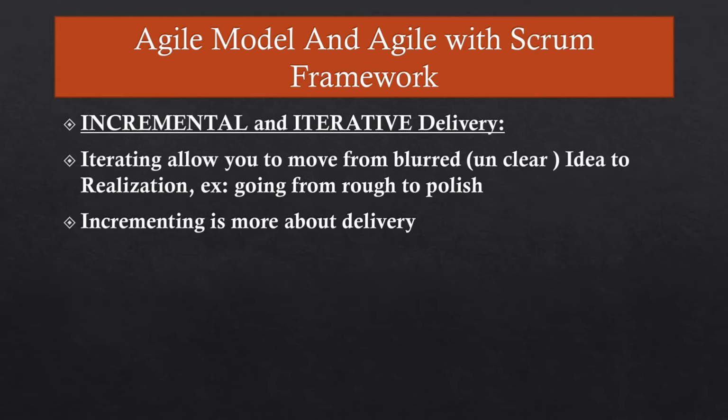For example, inside a project we can have different modules like login, home page, and some more modules for that particular project. In the agile model the project is broken up into small modules like login and home. Once the login is completed, only then do I deliver that product to my customer.